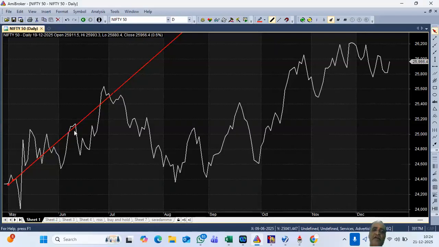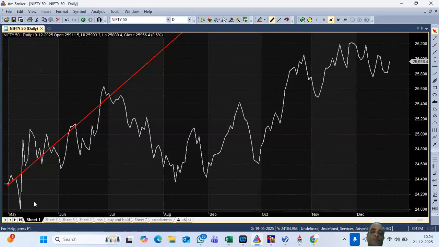Again you can see here it acted as a point of resistance, and here it acted as a point of support. So in my personal opinion, drawing the first two available bottoms and extending them would give more fruitful results.